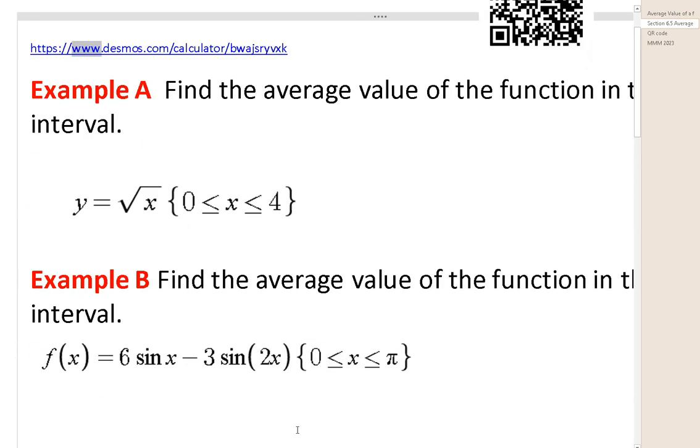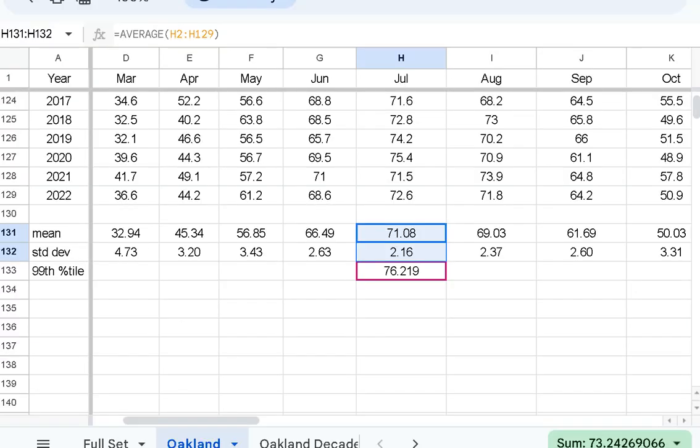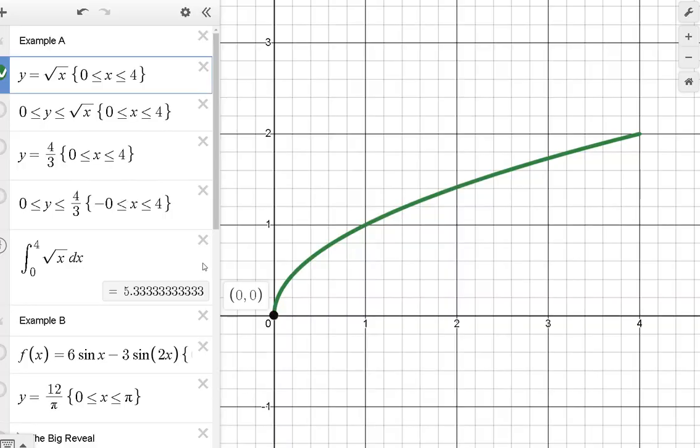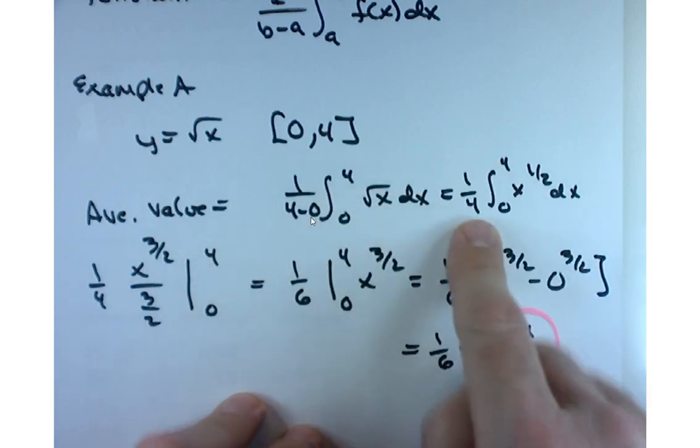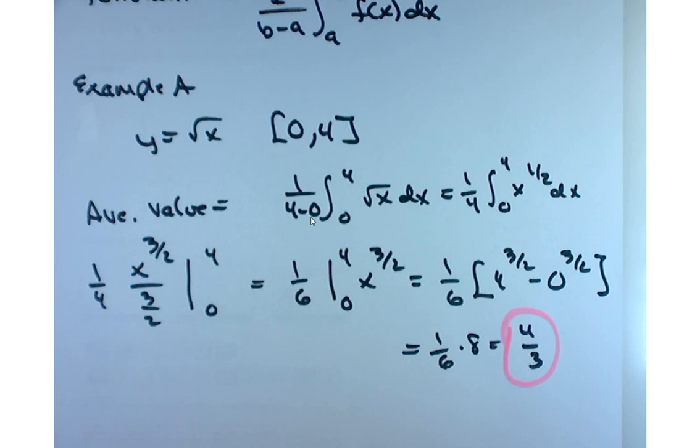Let's take a look at it graphically before I move on, because I do have some nice graphs associated with this. So what we first found was the area right here underneath our curve, and then multiplying by the reciprocal of the length of the interval, so multiplying by 1/4, is going to turn that area into an average value.